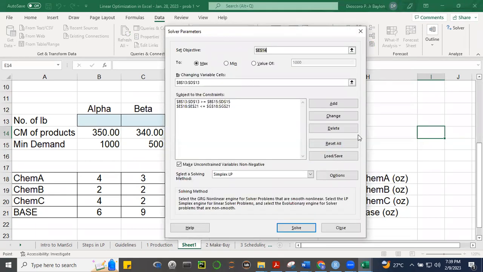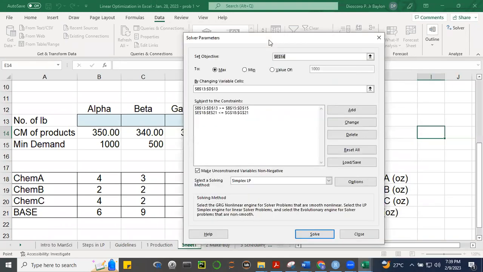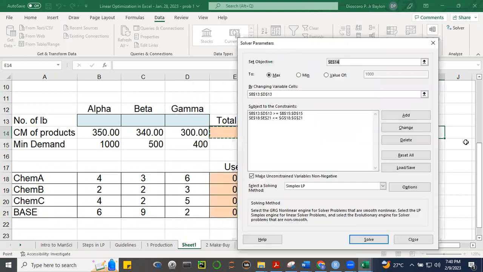Cancel for now. And then, by the way, I forgot to mention that oftentimes the solution should be positive. You cannot, of course, produce alpha, beta, and gamma that are negative. So how do you make sure that the units to be produced are positive? One way to do that is this.